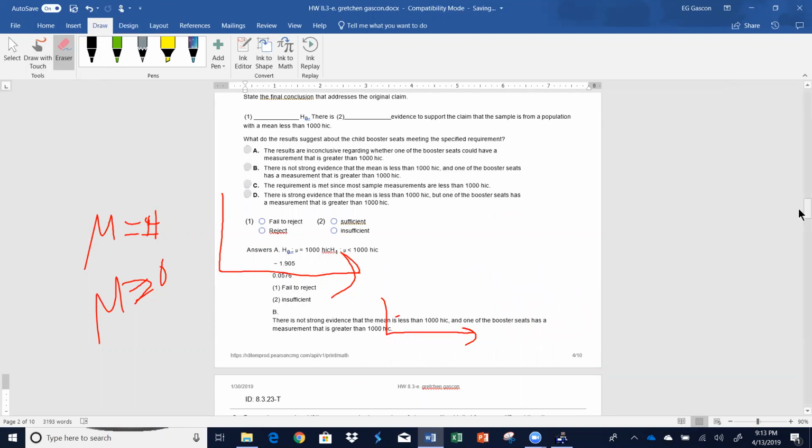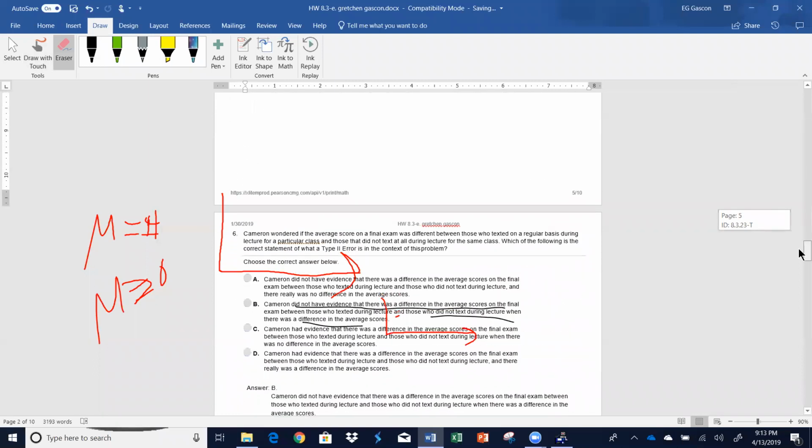Let's see what we got here. Let me do a proportion one.